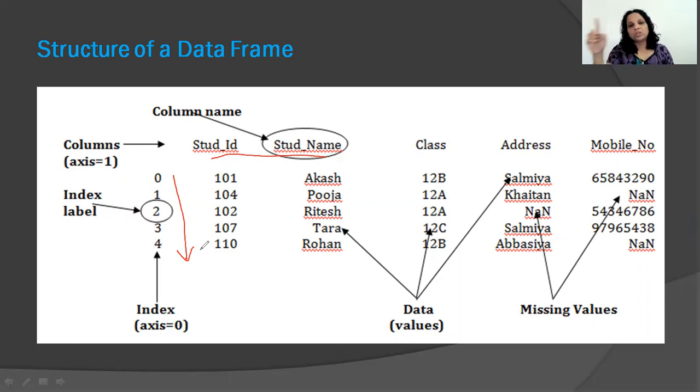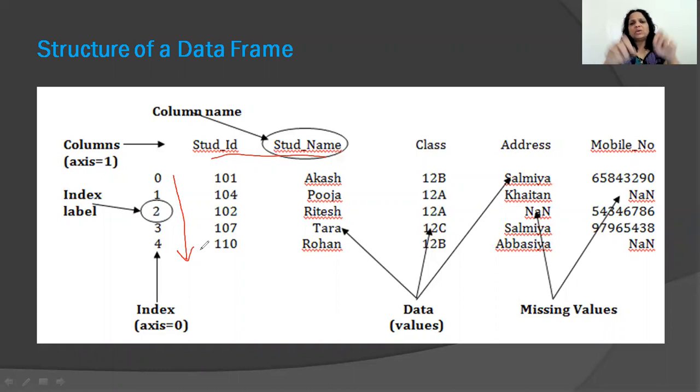Whereas what you see on the top, they're called columns or axis 1. And the student ID, student name, class, address that you see are all called column names. So all of them make up the columns, whereas each of them is a column name.